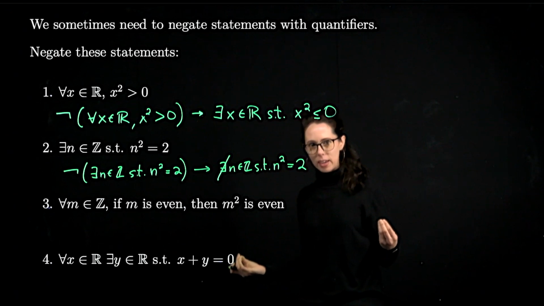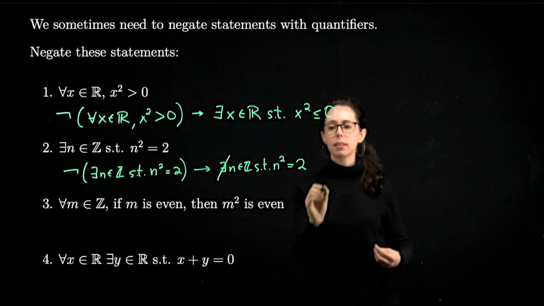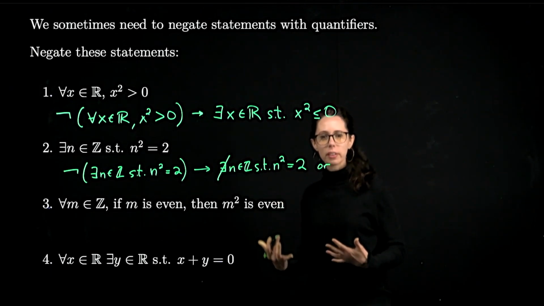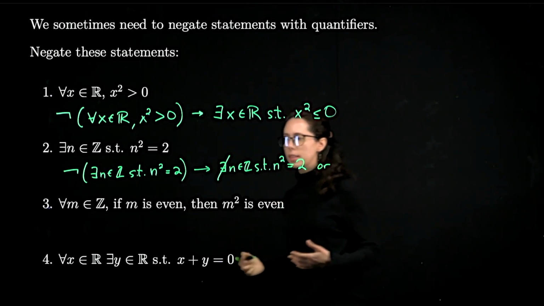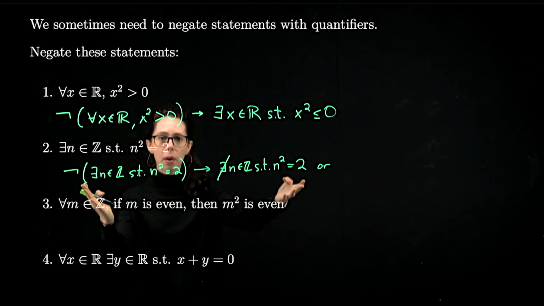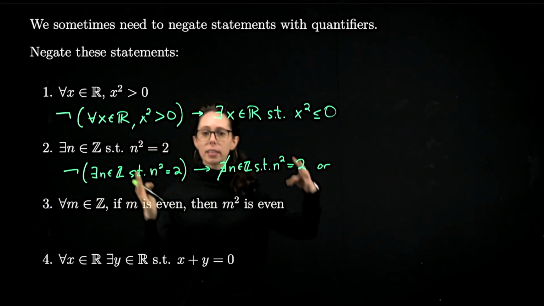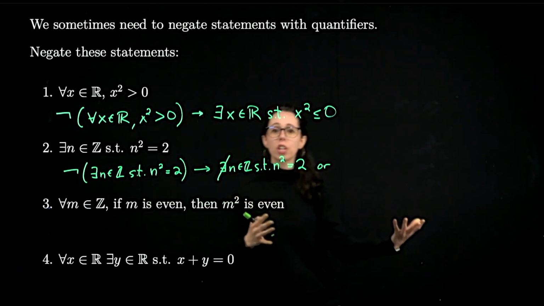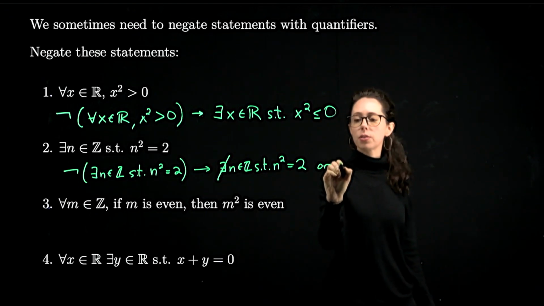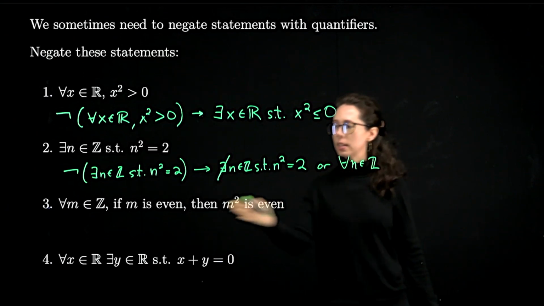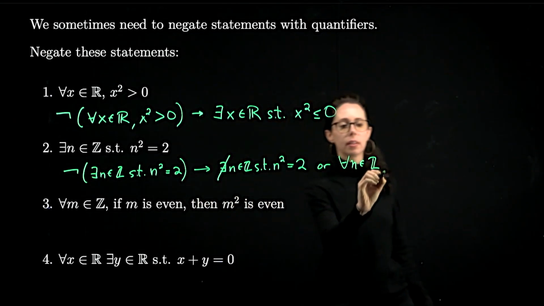The other way to negate this statement, which again can be more useful in different contexts, is to say no integer has this property. There does not exist an integer with this property. In other words, all integers don't have that property. All integers have the negation of that property. So you could also say for all integers n, it is not this.